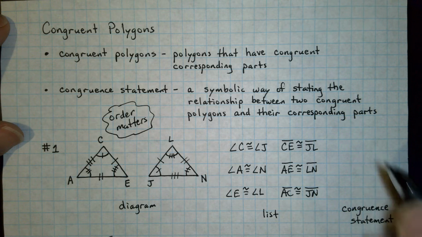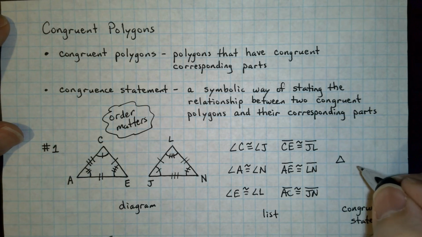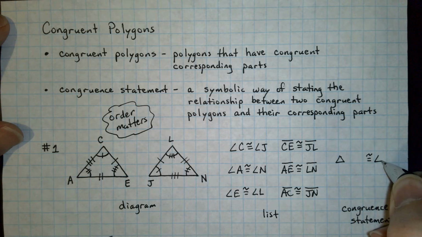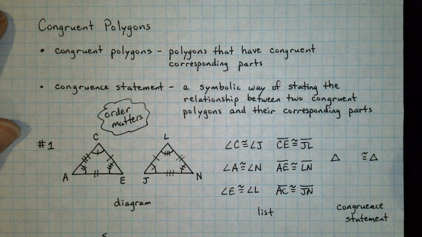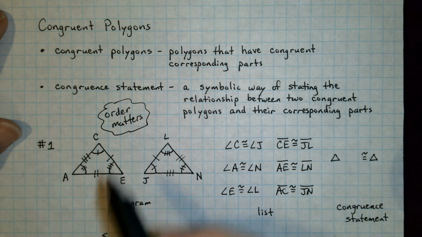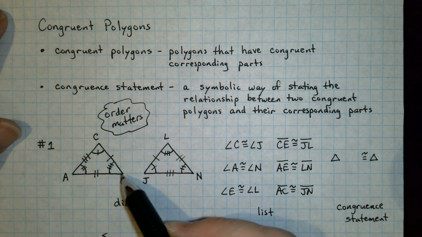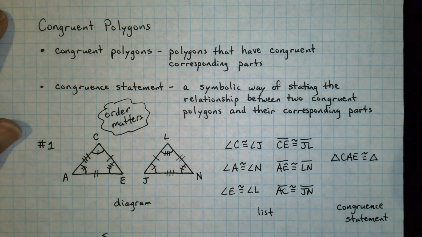When we write it, you're going to have the name of one of your triangles on one side and the name of your second triangle on the other side. But when you write the first one, you can write it any way that you want to. For example, if I choose to write this one as CAE, that's up to me. But when I write the second one, I have to do it in a particular way now.